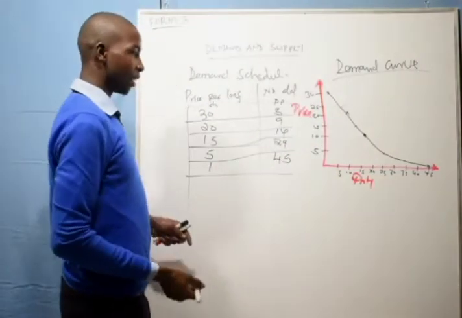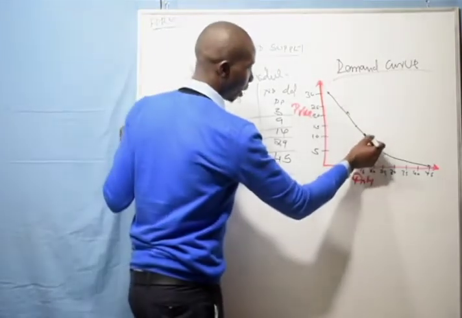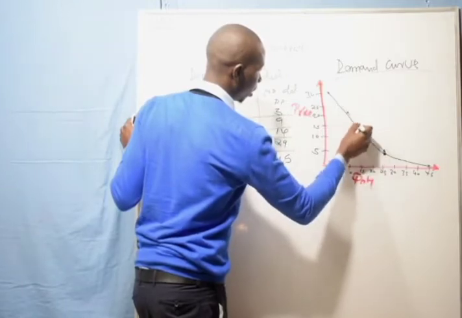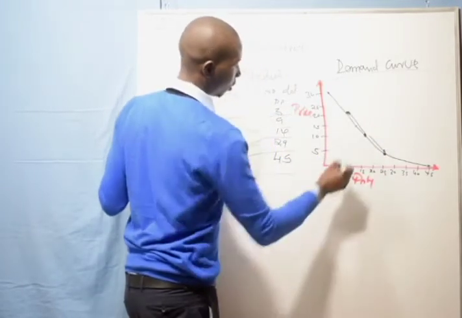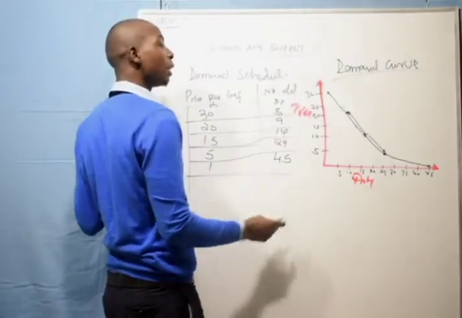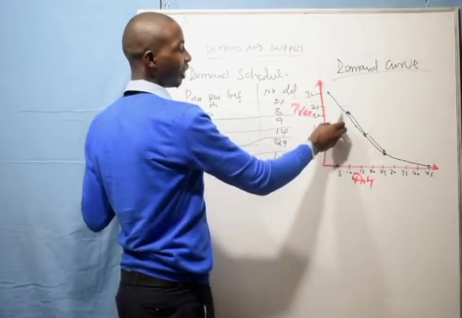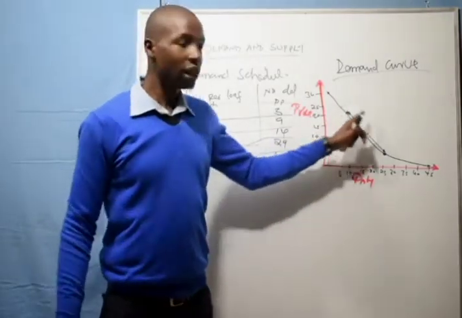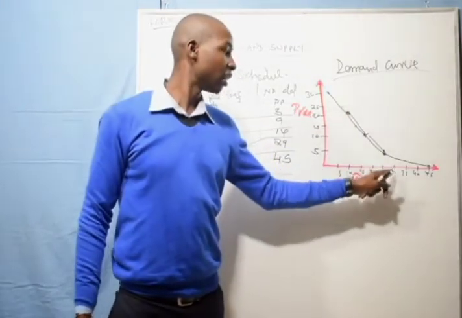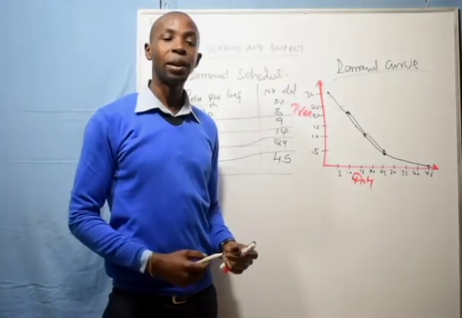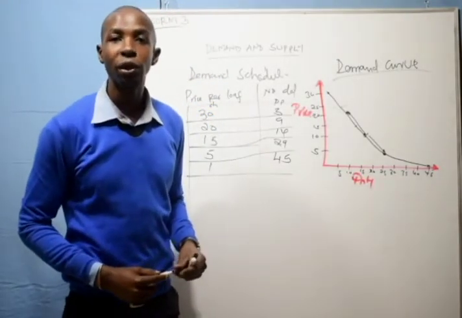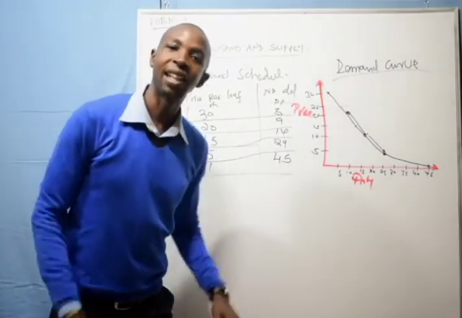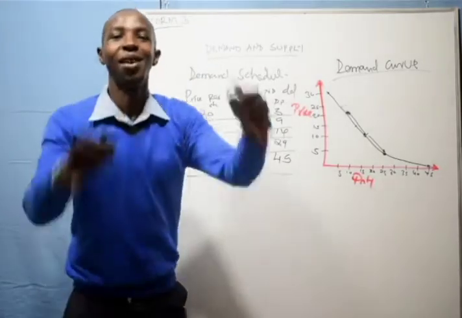So when I move to the right, for example, from here to here, or from here to here, what will happen? When the price is increased, the demand is low. When the price is decreased, the demand is high. And that brings us to what we call the law of demand, which says the higher the price, the lower the demand, and vice versa.